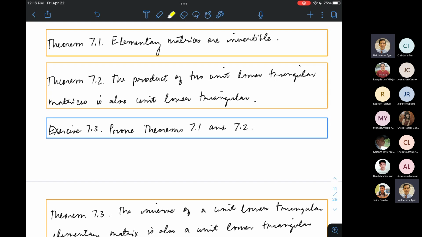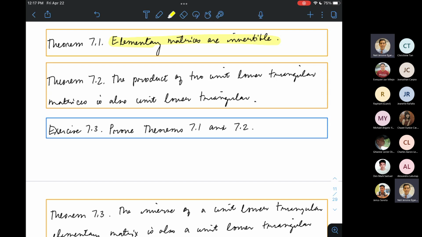Okay? Now, Theorem 7.1 tells us that elementary matrices are always invertible. Laging may inverse ang elementary matrix. At makikita natin yung proseso na yon, or kaya natin i-compute yung inverse ng elementary matrices by just undoing the action of the elementary row operation on the identity matrix. Siguro mapapahapiawan ko yung proof ng 7.1 when I present to you the proof of 7.3.